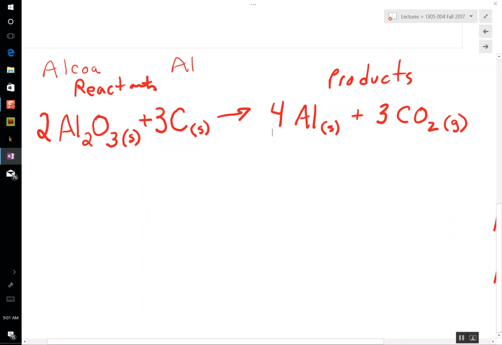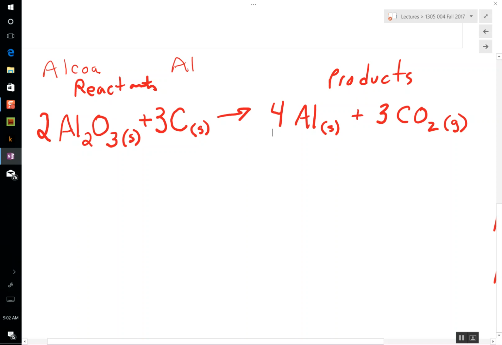At the molecular level, we could say 2 Al2O3 formula units react with 3 carbon atoms to form 4 aluminum atoms and 3 carbon dioxide molecules. We could say that. But if we multiplied all of that by Avogadro's number, we wouldn't be talking about 3 carbon atoms, we'd be talking about 3 moles of carbon atoms.